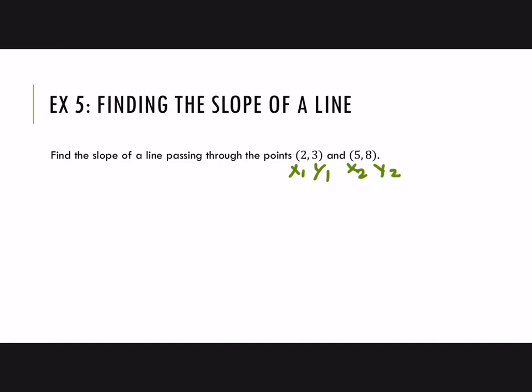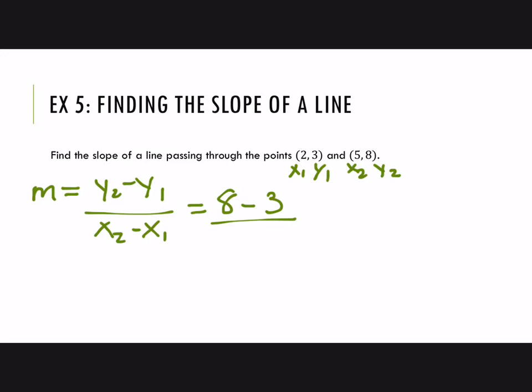Alright, so then finding slope, I can use the formula m equals y2 minus y1 over x2 minus x1. Substitute in the values, so y2 is 8, y1 is 3, x2 is 5, x1 is 2, and then simplify. So that would be 5 over 3.